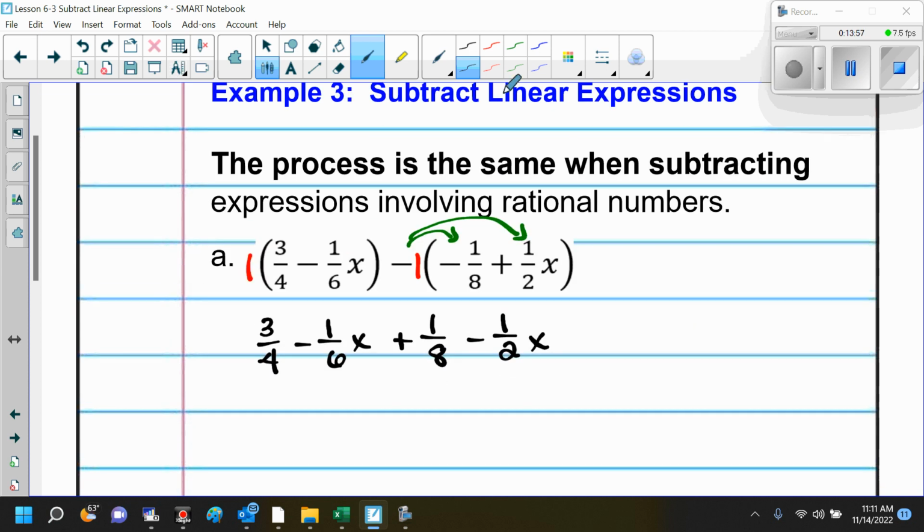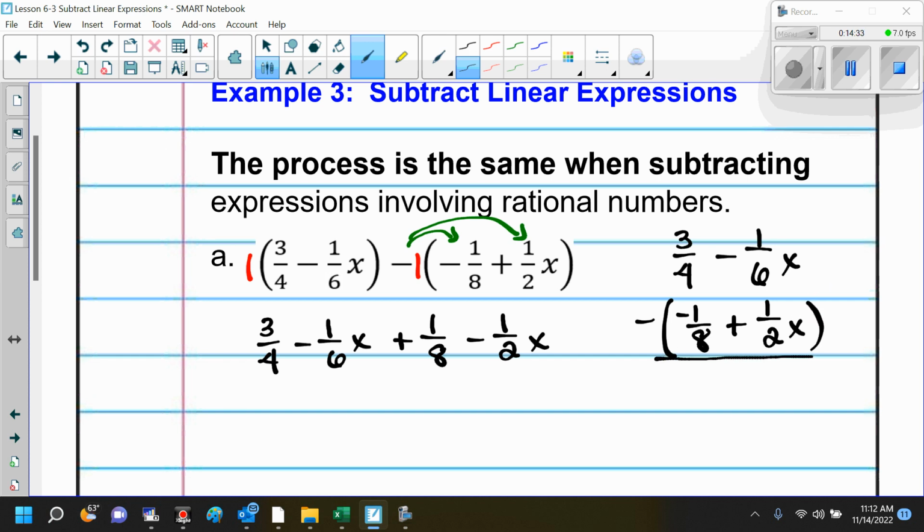Okay, so if you're doing your stacking, actually, look, I can do it the way it is. So we've got 3/4 minus 1/6 x minus, hold on, negative 1/8 plus 1/2 x.